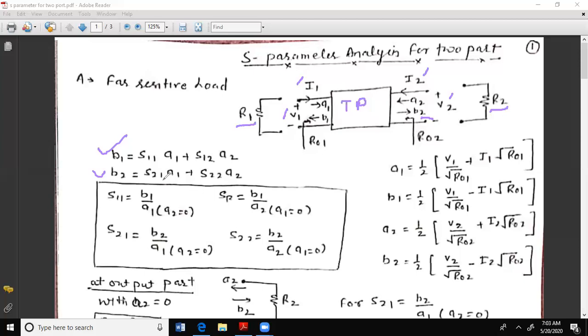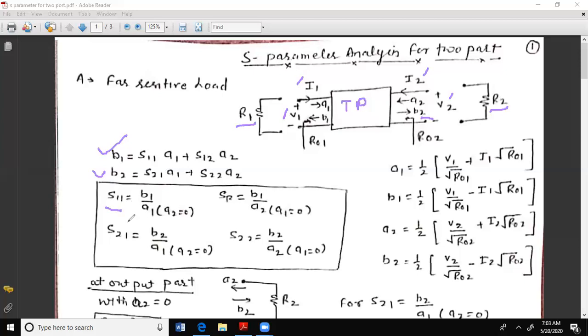There are two variables, A1 and A2. Because B1 is related to A1 and A2, if we want to calculate S11 and S21, we make A2 equal to 0. We also discuss the significance of A2 equal to 0 and A1 equal to 0. So first, what is S11?